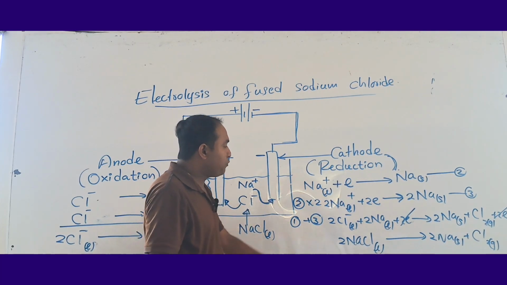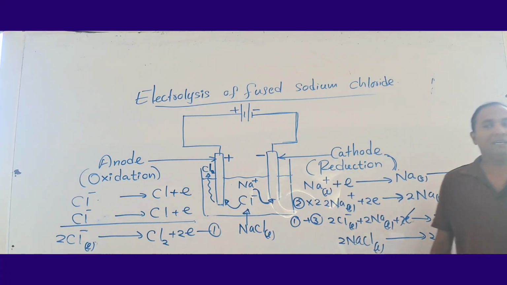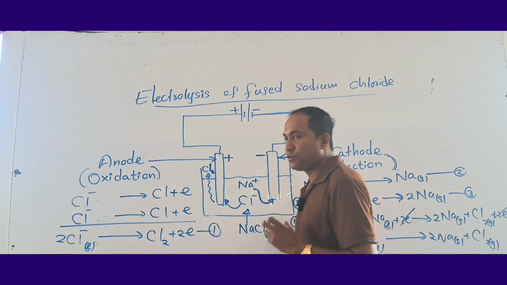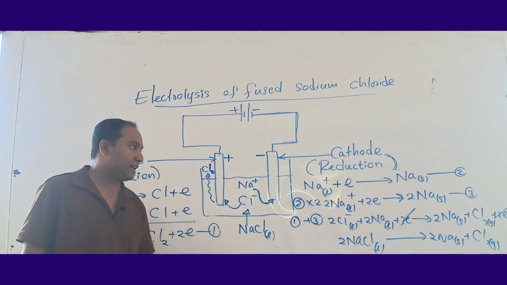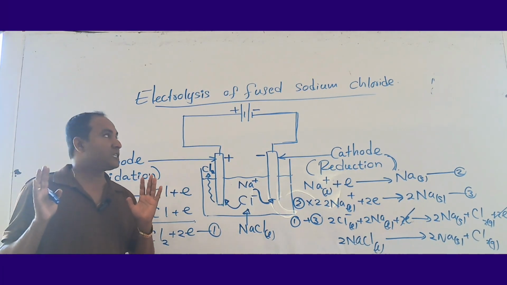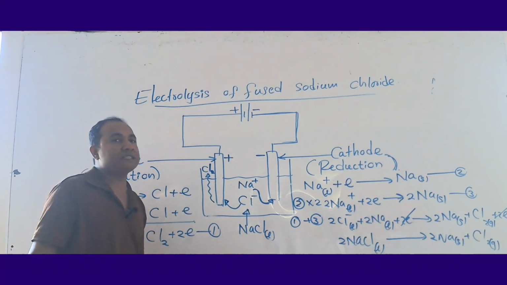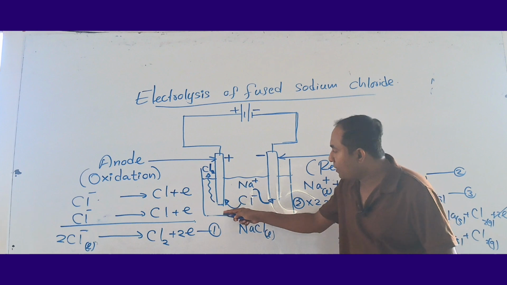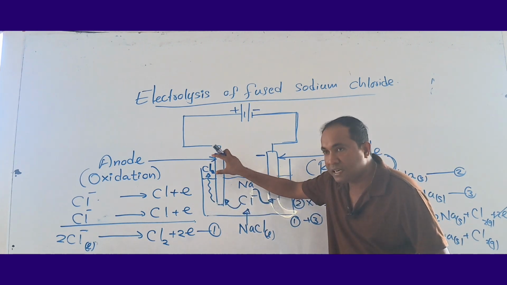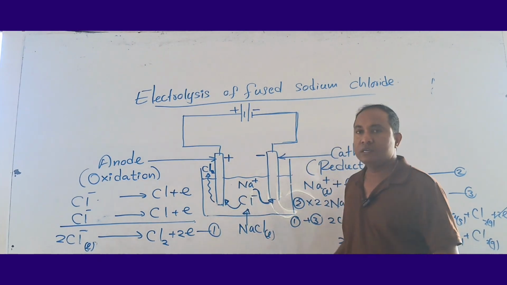Therefore, we add the oxidation half reaction and reduction half reaction, and finally we get the final reaction. What are the observations when fused sodium chloride is electrolyzed? Chlorine gas evolves near the anode and sodium forms near the cathode.